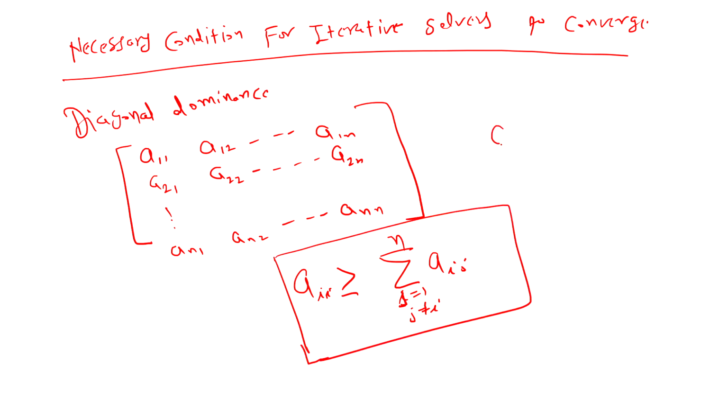Now if aii is equal to the summation over j from 1 to n, j not equal to i, of aij, then this is called weak diagonal dominance.